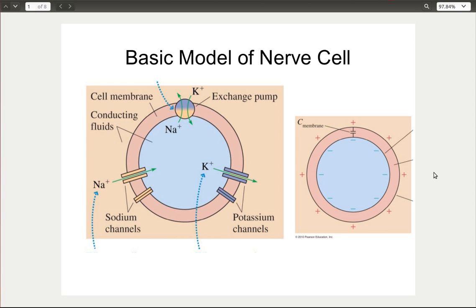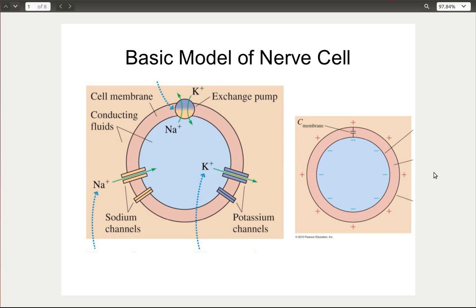It can open and close, and whether it does is typically triggered by the potential difference. The potassium channel is something similar, except it allows only potassium ions to move through it, and only from the inside to the outside.